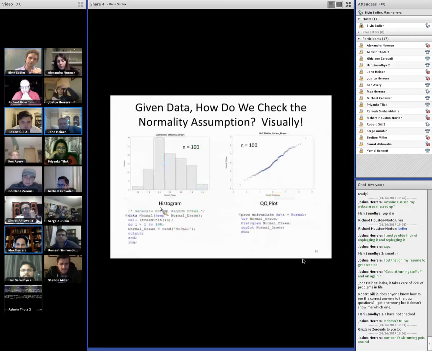Okay, so given the data, how can we check the normality assumption? Because obviously it's important. We only get one look at the data. There's n equals 100. I got a lot of confusion from this last time. You're not going to ever need to run this data right here unless you just want to mess around with simulation. All this did was simulate from a normal distribution.